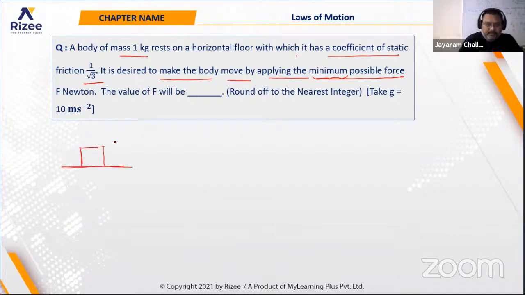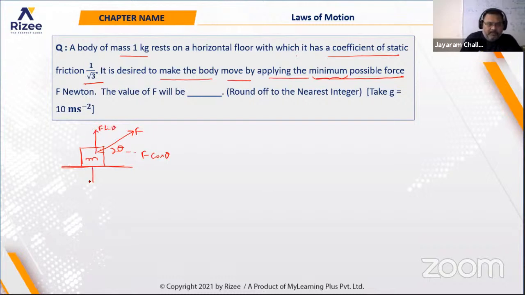Minimum possible force. So we are applying the force in this direction F, which makes some angle theta with respect to the horizontal. So in this case, F cos theta is the force which tries to pull the mass M in the forward, horizontal direction, and F sin theta will be acting in the upward direction.